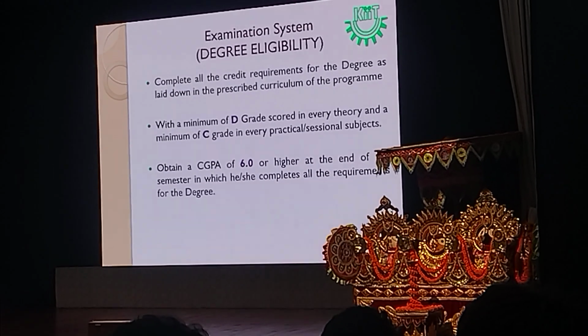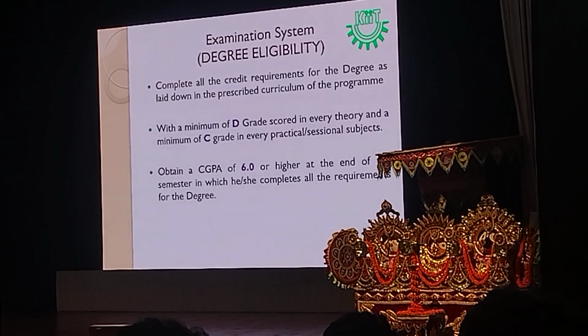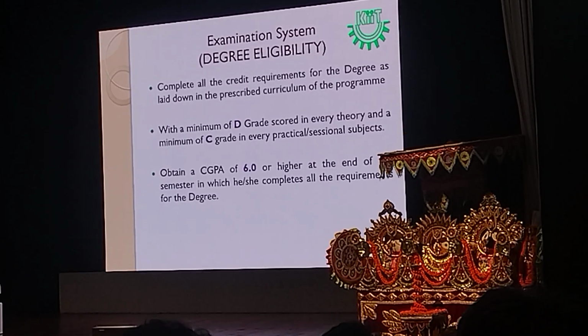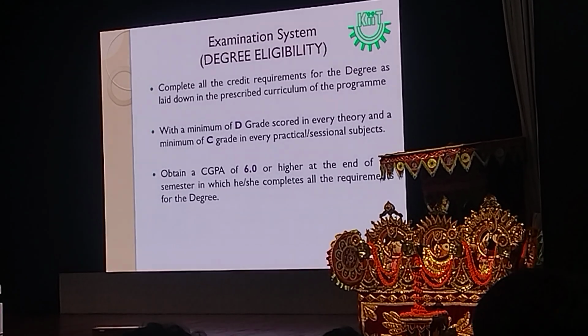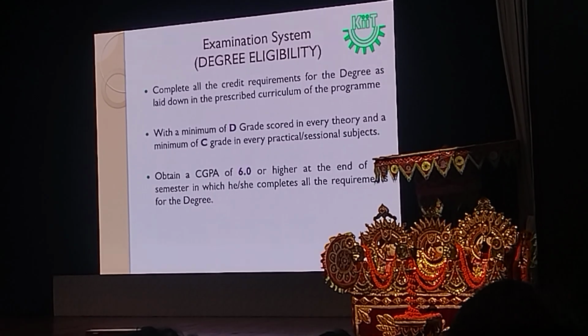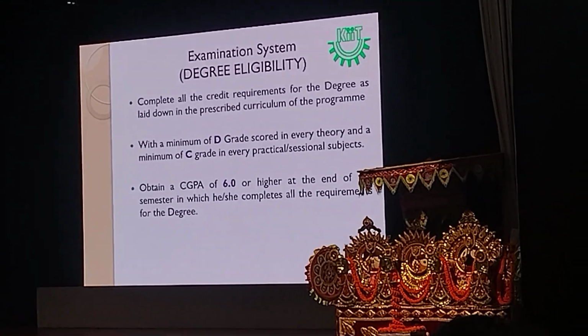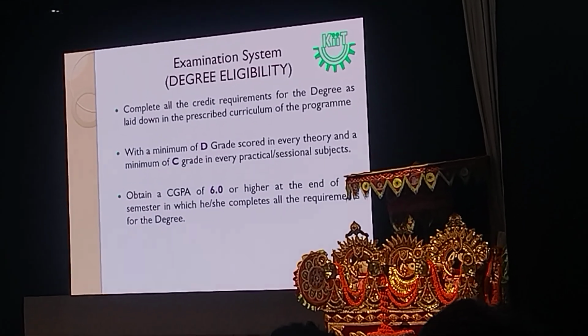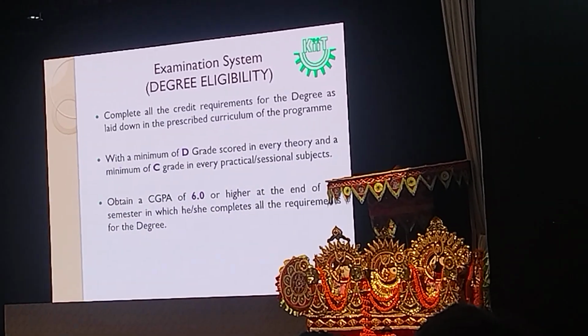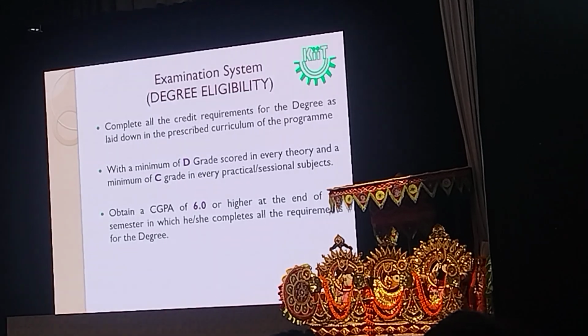But that improvement you have to do within a year. Not that a first semester subject you will improve in final year. But backlogs, as long as you are not clearing them, we are allowing. Backlog is serious, so we never restrict it. But for improvement, you need to complete it within 1 year.